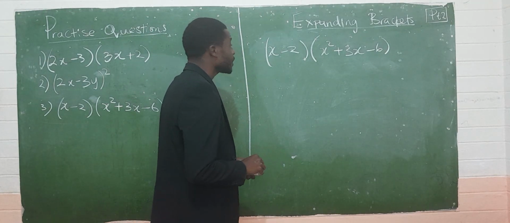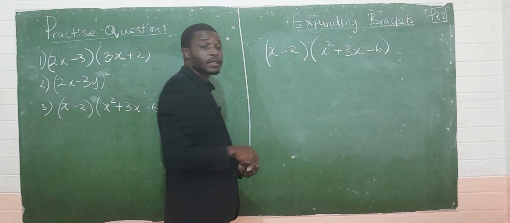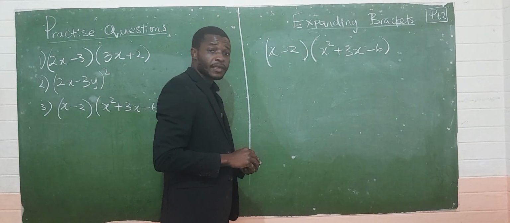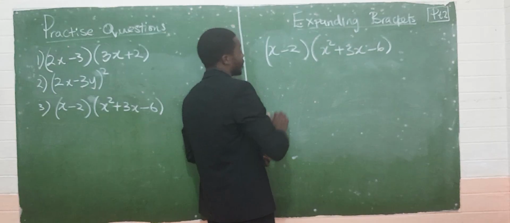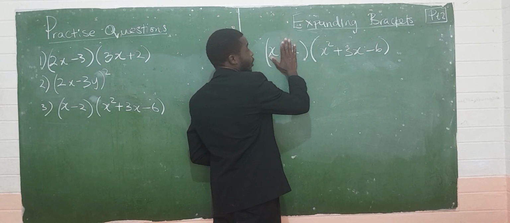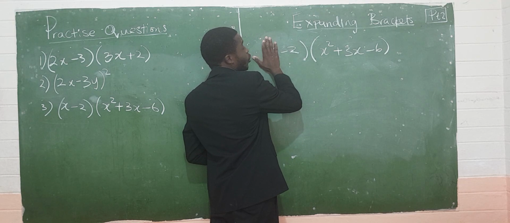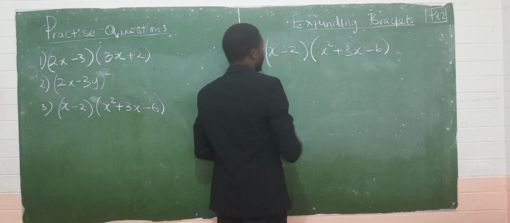Well, it does not matter how many terms you have in this bracket, it's still one and the same thing. The process is the same. Everything that's here ought to multiply everything that's there.